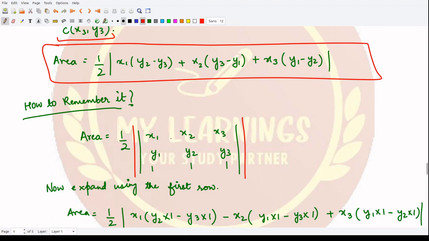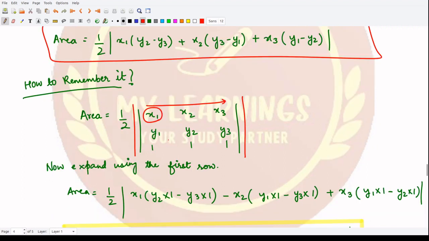Now you know how to solve a determinant, you have to expand it by the first row. Taking x1 here, you will multiply y2 into 1 minus 1 into y3, correct? For the next element, you will write minus x2, and now you'll skip this row and column, so you'll be multiplying y1 with 1 minus 1 with y3. That's it.